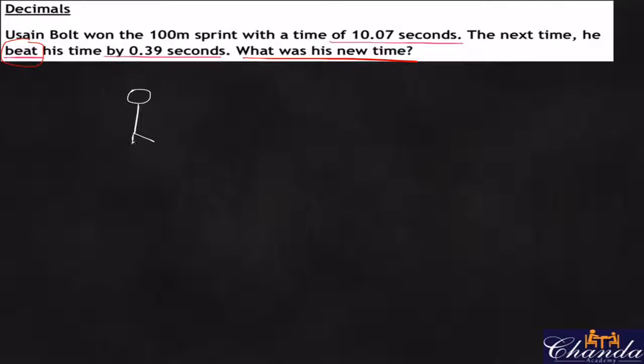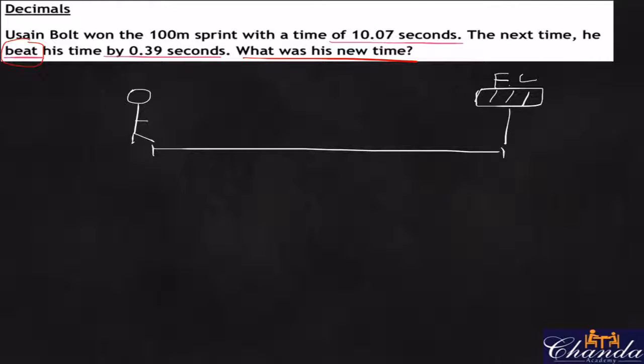So that's him running there. Imagine that's the finish line over there. Let's call that the finish line. And he's running towards it. So this portion here, that's the time. Imagine the time that it takes for him to cross that 100 meters. The very first time is 10.07 seconds. The next time he does it, he actually does it 0.39 seconds faster.